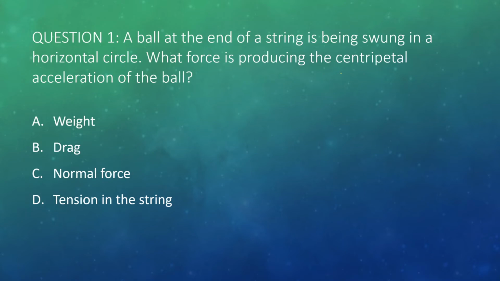Because that's the one that produces the centripetal acceleration, the center-seeking acceleration. Well, the object that is pointing inward is the rope, or the string in this case, and so as a result, the force that's keeping it in place is the tension in that string. The answer here is D. It's the tension in the rope holding that ball into a circular path.